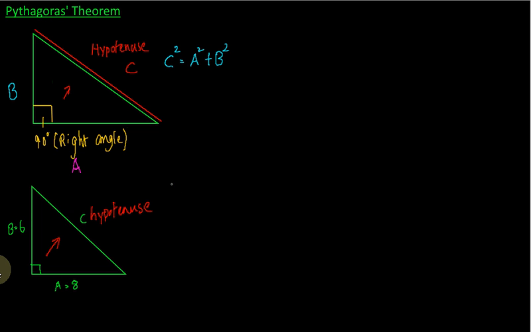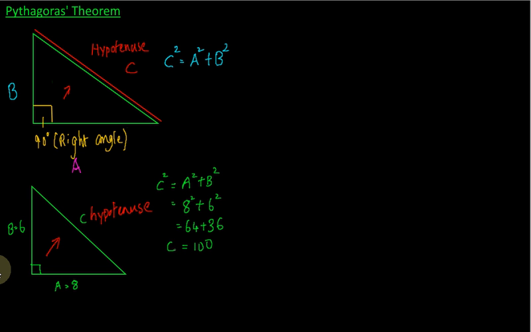So what we have to do here is C square is equal to A square plus B square. So I know how much A and B are. A is 8 and B is 6. So that is 8 square plus 6 square, which is equal to 64 plus 36, which is equal to 100.